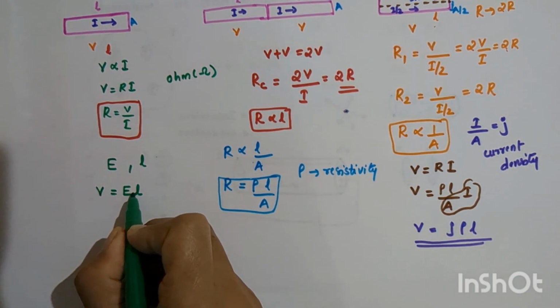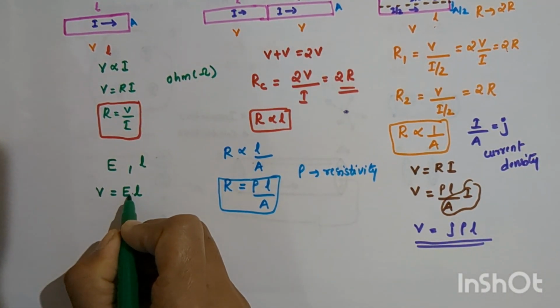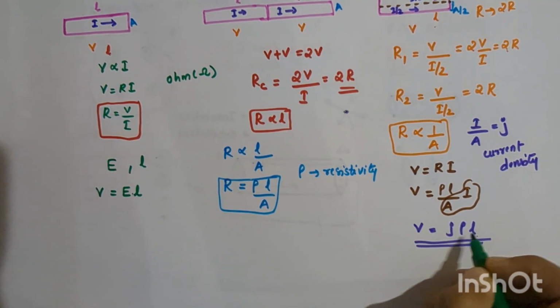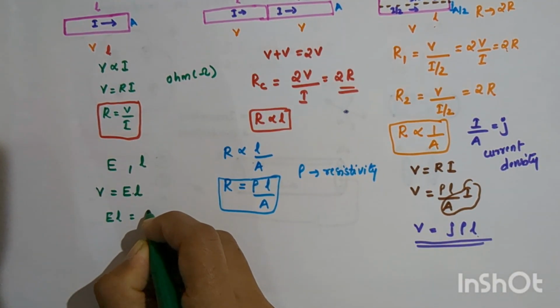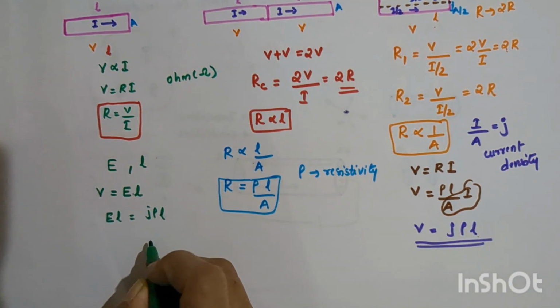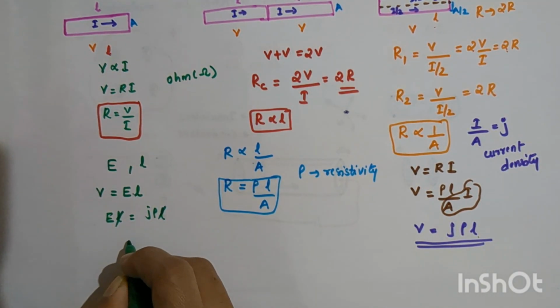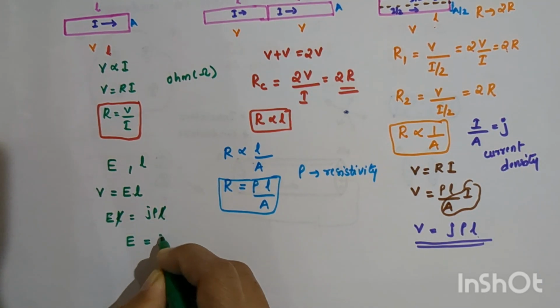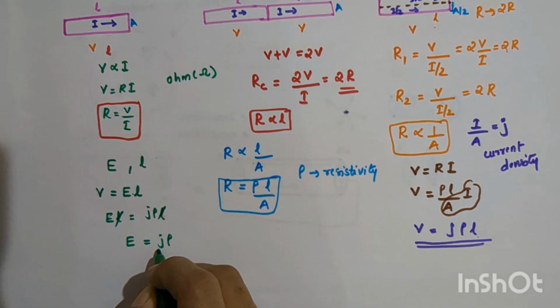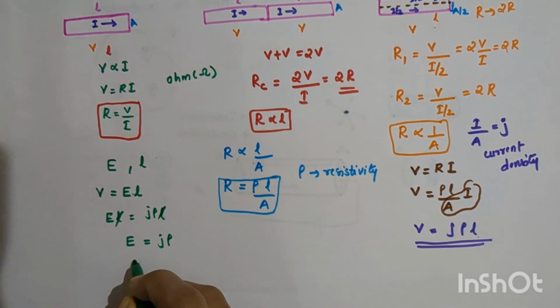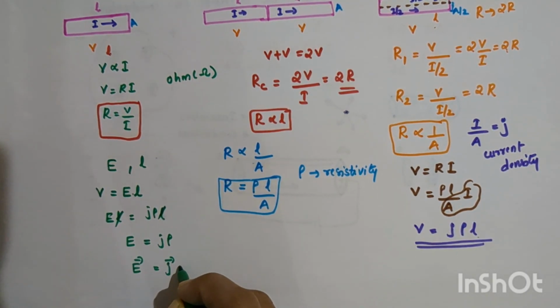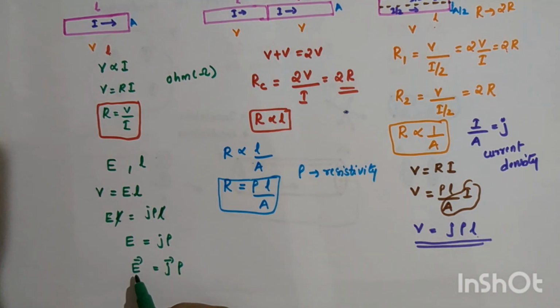Now, by comparing these two equations, V equals E into L, V equals J rho L, we can write EL is equal to J rho L. This L can be cancelled, so that we get E is equal to J into rho. In vector form we can write vector E is equal to vector J into rho, where vector J, the current density, is the current through unit area normal to the current, and it is also directed along the electric field, vector E.